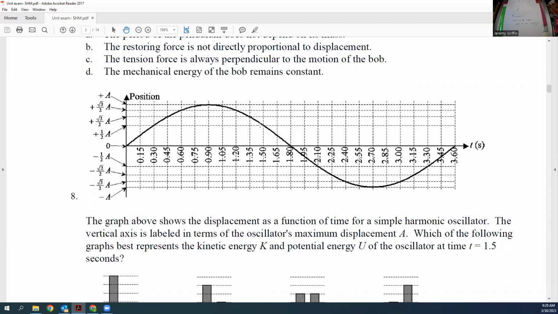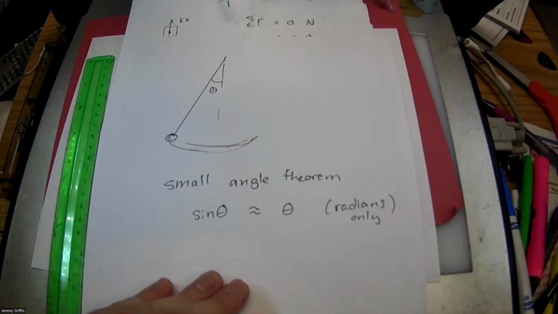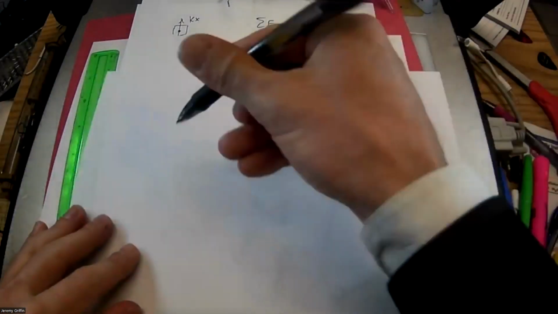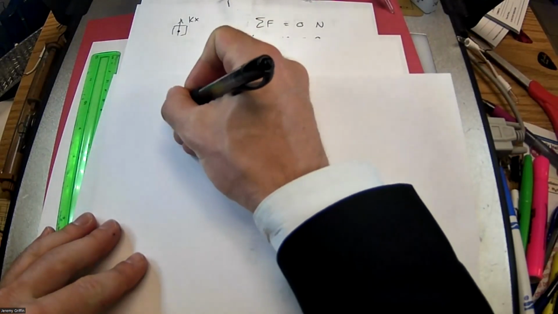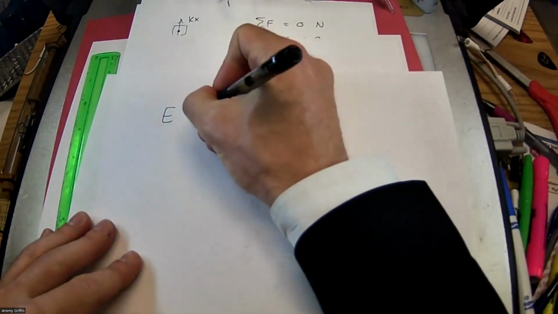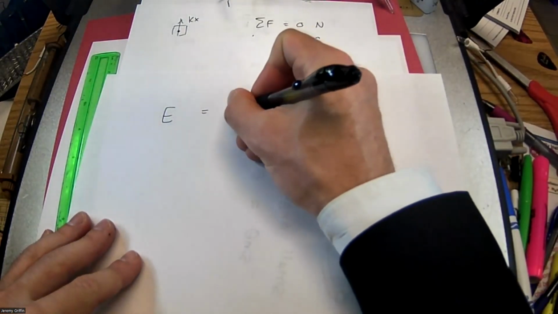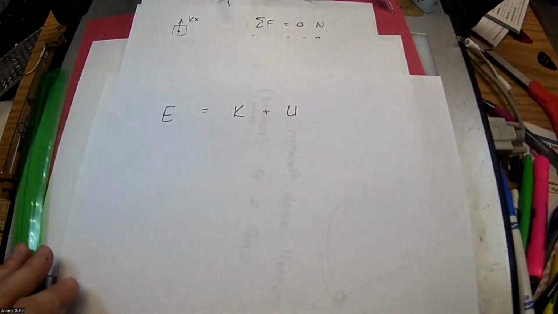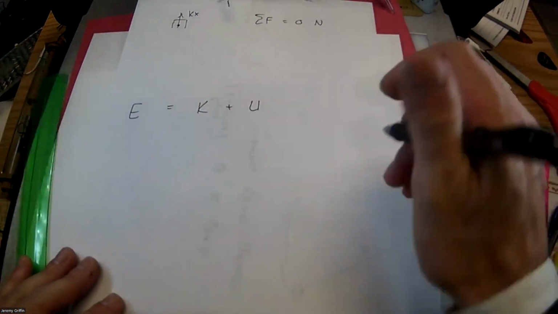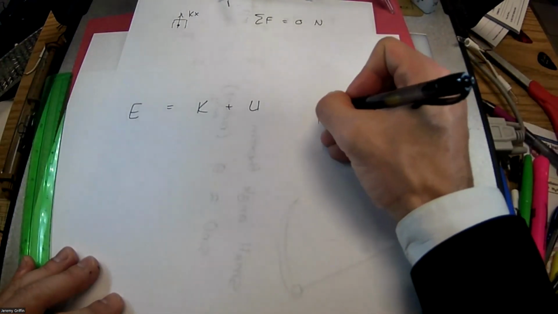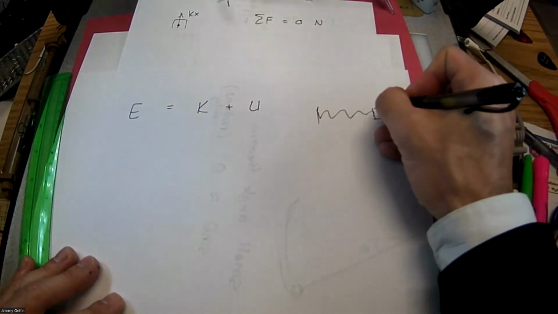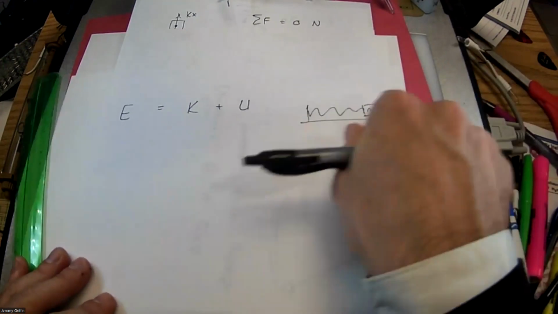Right, so let me switch my screen over. We're gonna figure out the answer and then find the answer choice that would align with that. So I know that the total energy is constant, and that's a combination of kinetic energy and potential energy. So here you have a mass on a spring, for example. It's moving back and forth. Okay.